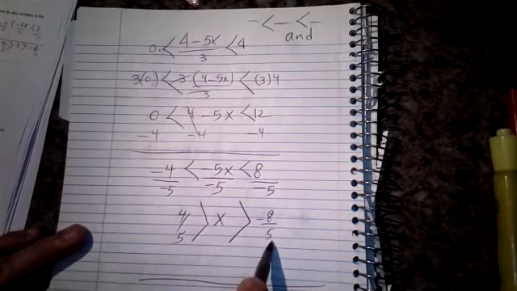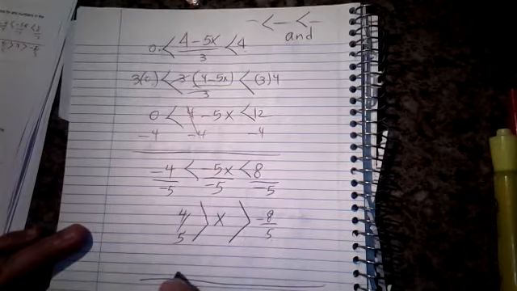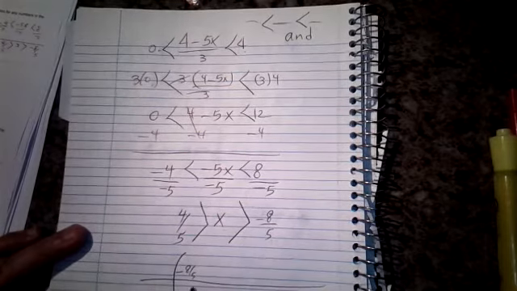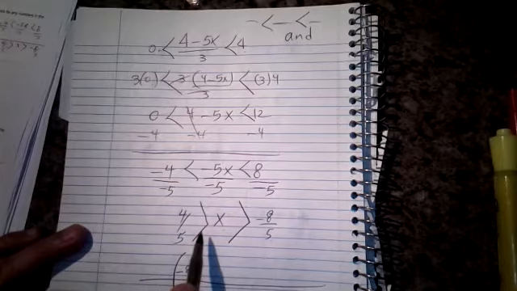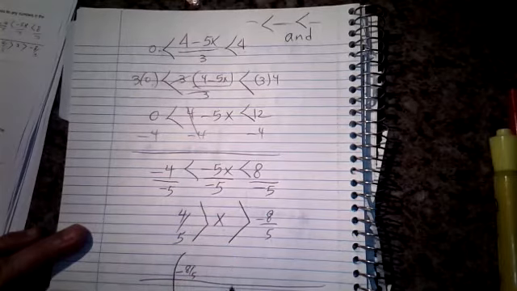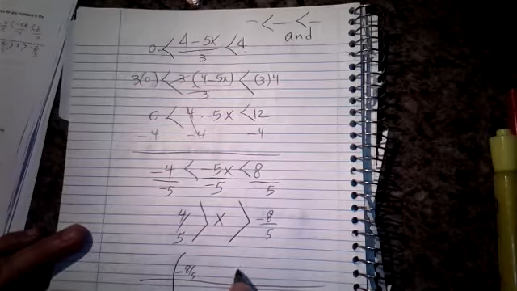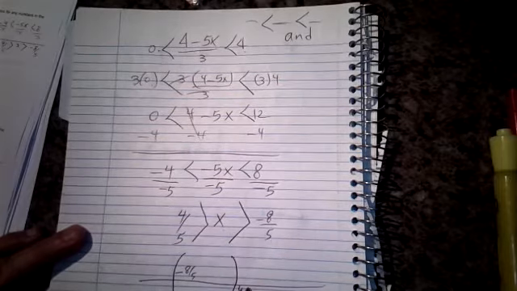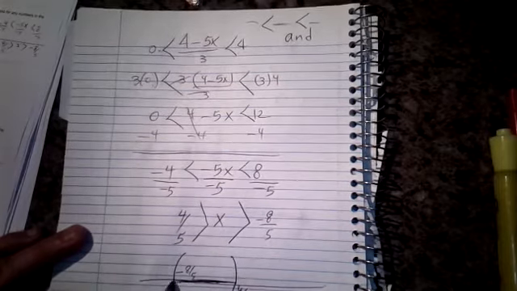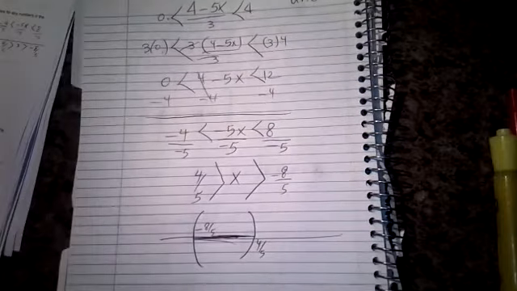X is greater than -8/5, which is a negative number, right? So let's say somewhere here. And this positive number is greater than X, means X is smaller than that. Okay, that's how you graph it.